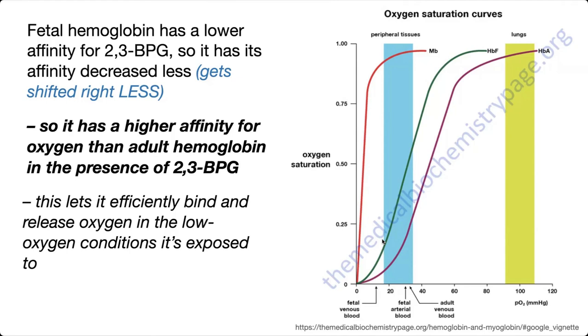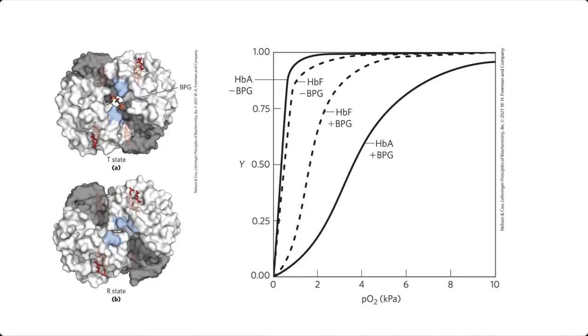And it's okay that it has a higher affinity because the concentration of oxygen is going to be lower. If you had a higher affinity but the concentration of oxygen was unchanged, it would be hard to deliver oxygen. But if the concentration of oxygen is lower and you have a higher affinity, that's okay. You're going to be in that range where you're able to both grab it from the blood and offload it.